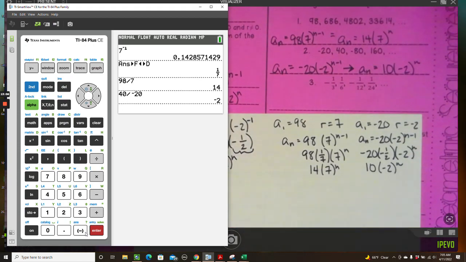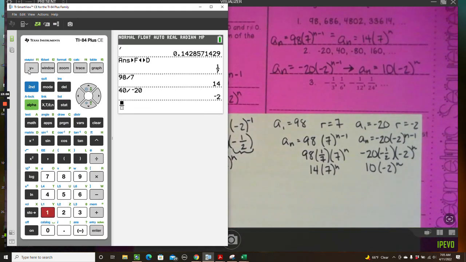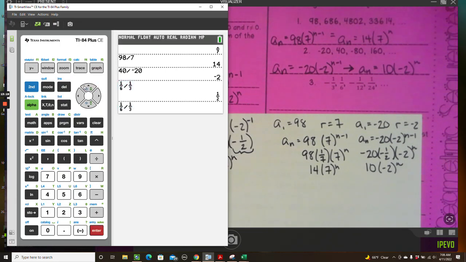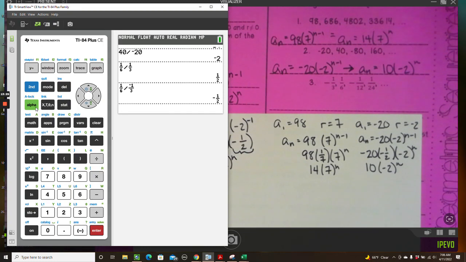All right, fractions. 1/6 divided by negative 1/3. I get a 1/2. Oh, it should be a negative 1/2. That should be a negative. I'm sorry. Try that again. Second answer, negative. And you can always try it out.